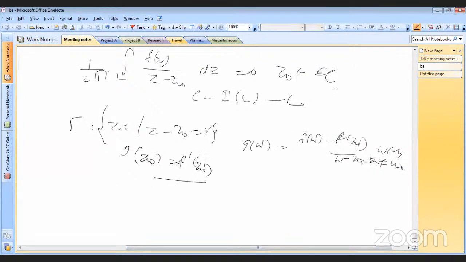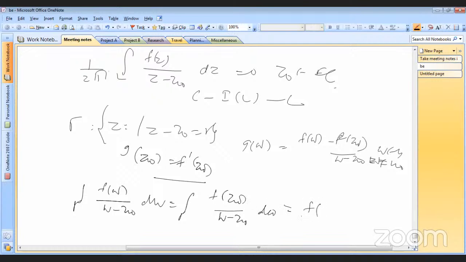Then g is continuous and analytic. So the integral over gamma of f of w by w minus z naught dw minus f of z naught times the integral of dw by w minus z naught, which is equal to 2 pi i.